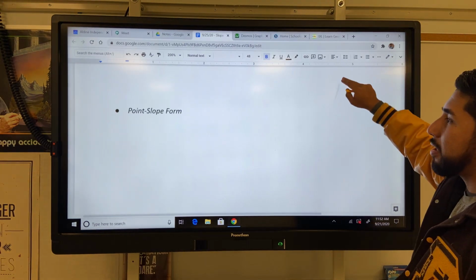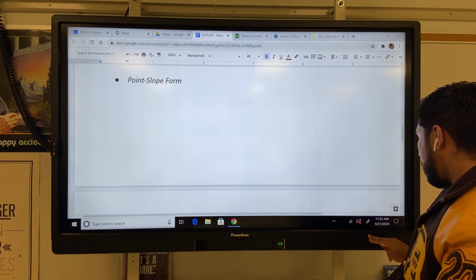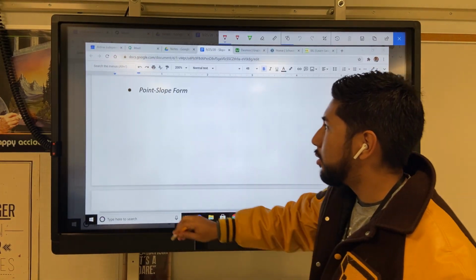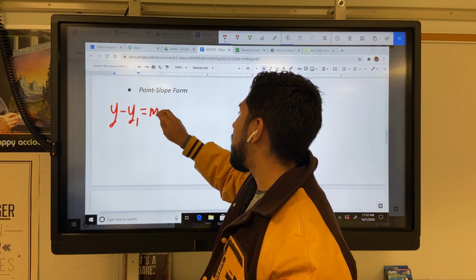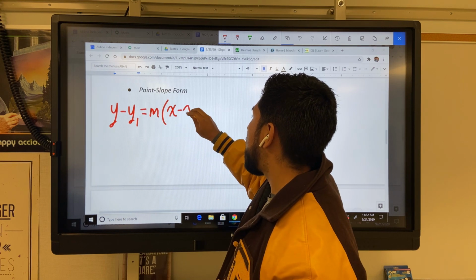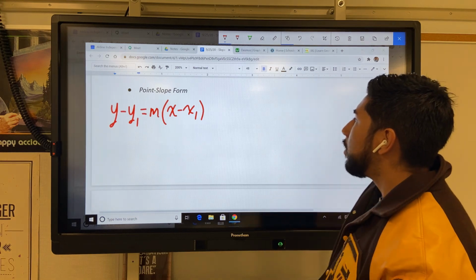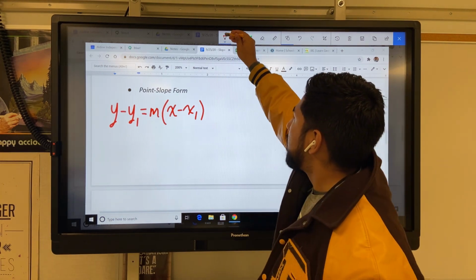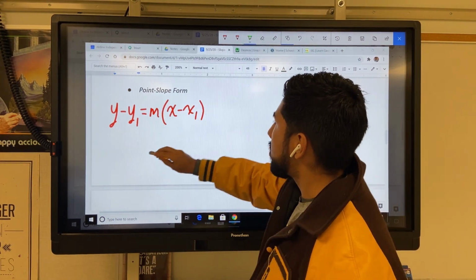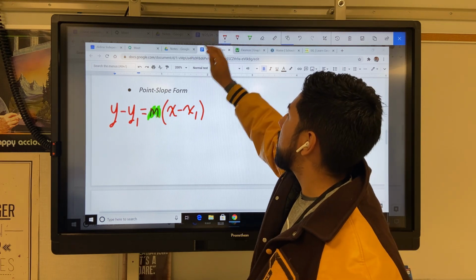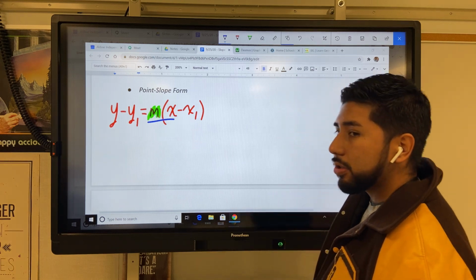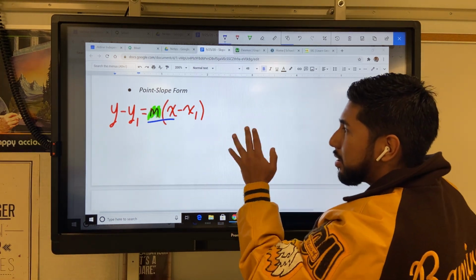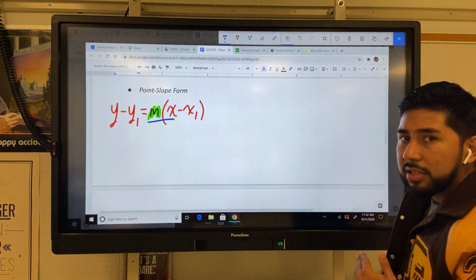Next, point slope form. Y minus y1 equals m parentheses x minus x1. Remember, m is your slope. Lucky us, it's right in front of the x. Doesn't matter if it has parentheses or not, as long as it's in front of the x, that's your slope.